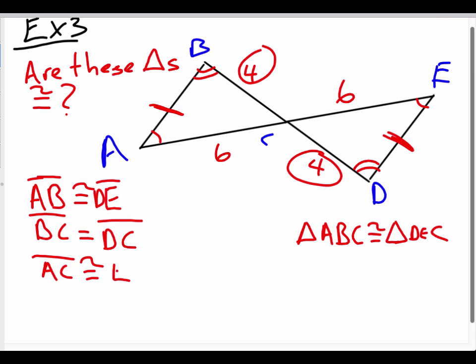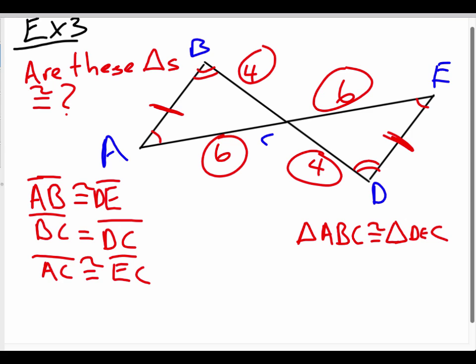Yeah, EC. And we know that it does because they give us that the length is 6. So we've just proven that 3 of the sides are congruent, right? And they're corresponding sides, right? So that's important too.